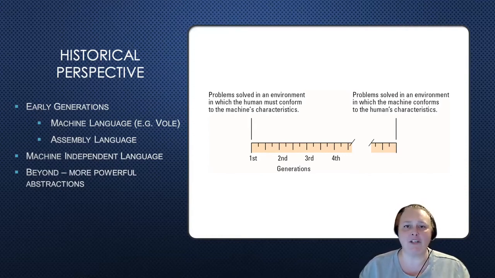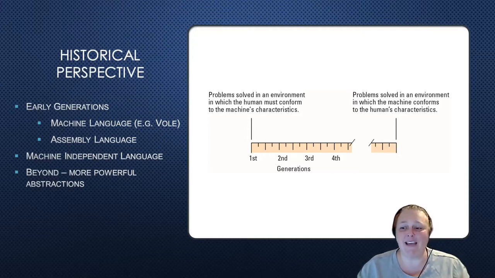This led computer scientists to invent third generation languages, and that's where we're going to concentrate today. They are machine independent. They can run on any computer, regardless of hardware or software. Some of those early languages you may have heard of are Fortran and COBOL. You'll hear those again in a few slides.